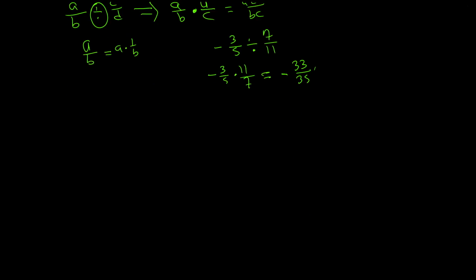I really do like multiplying and dividing fractions. It goes a little bit easier. But when we go to add and subtract them, we need to make sure that the denominators are the same. And so to do that, we use what's called the least common denominator.